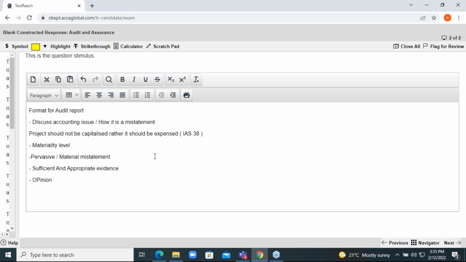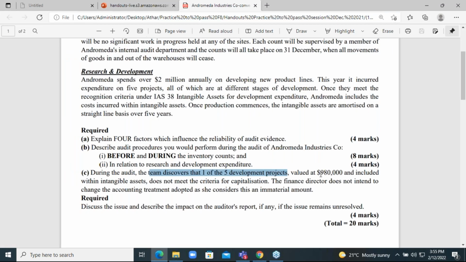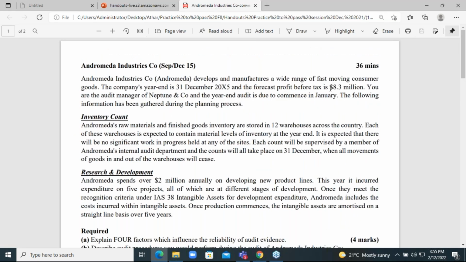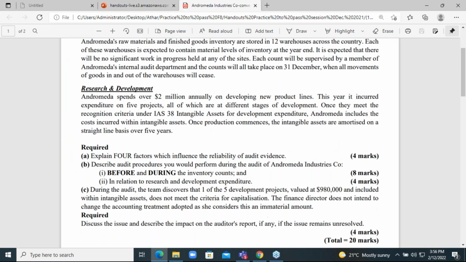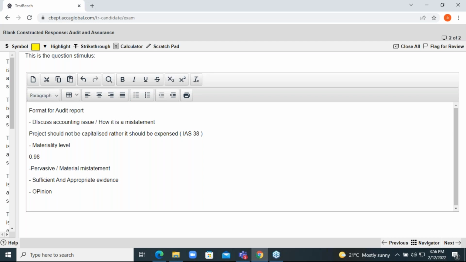Now the next level is we are going to discuss whether this misstatement is material or not. If we go back to the data, this is 0.98 million or $980,000, and the profit provided is 8.3 million. Now we are going to calculate it: 0.98 divided by 8.3 multiplied by 100.